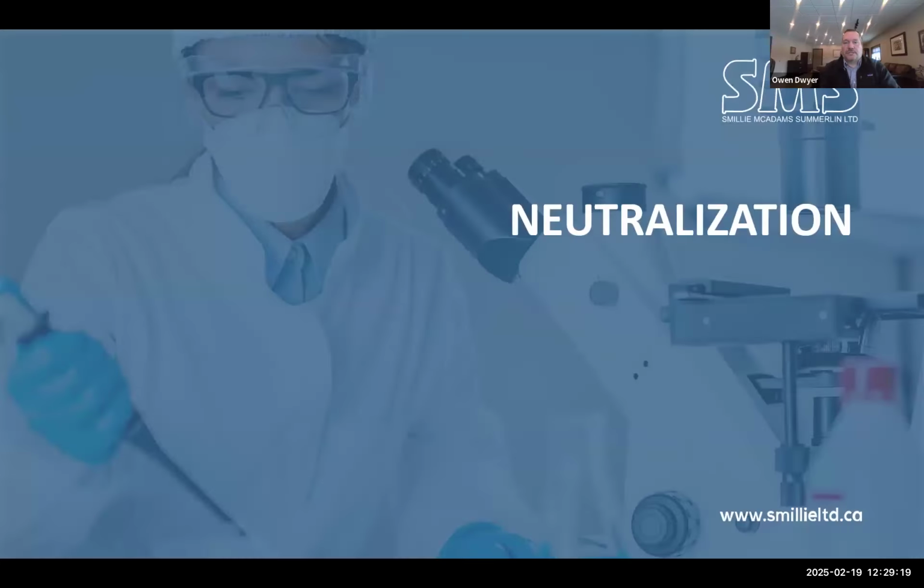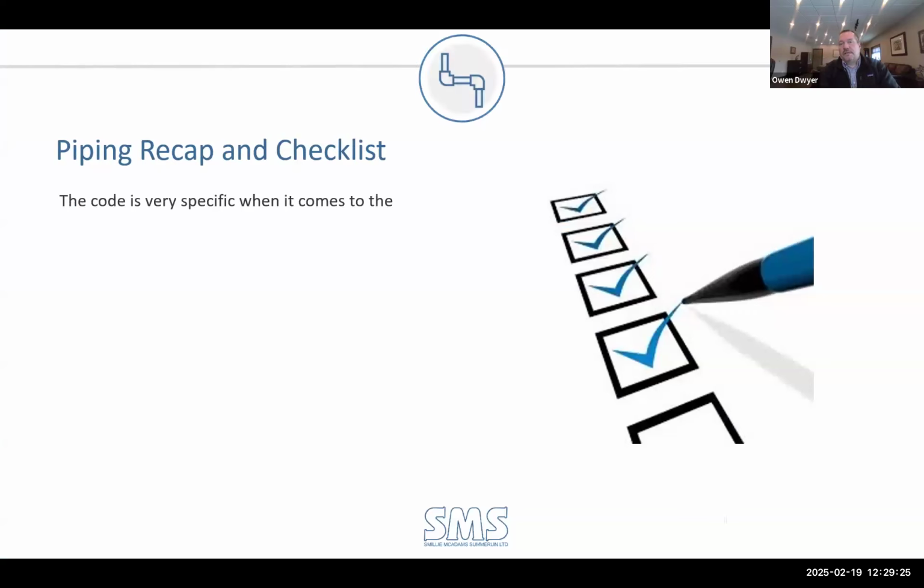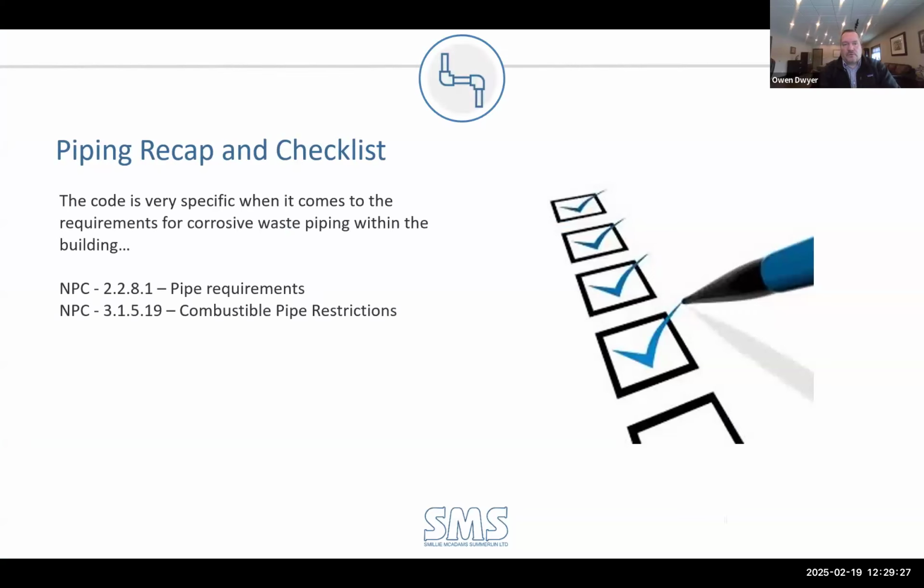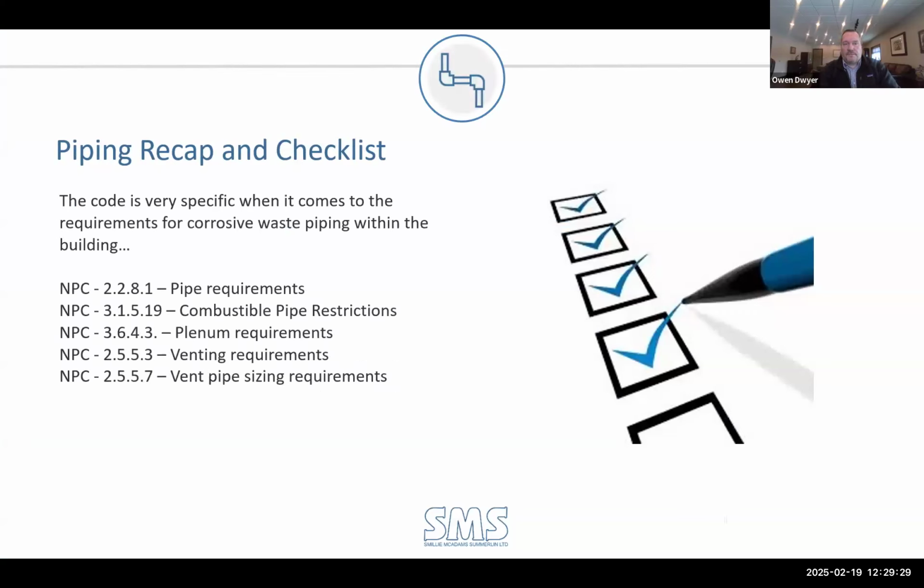So neutralization. That kind of covers the pipe and fittings portion of it. The neutralization part of our code is very specific as well, similar to the pipe and fittings. But the pipe and fittings, you have 2281, 31519, 3643, 2553, and 2557.